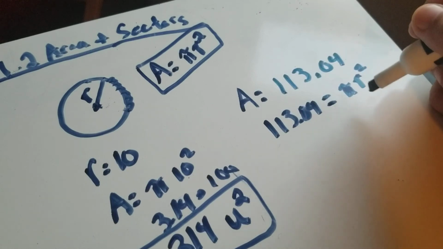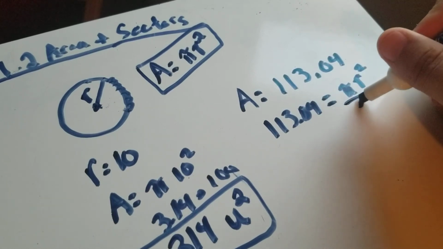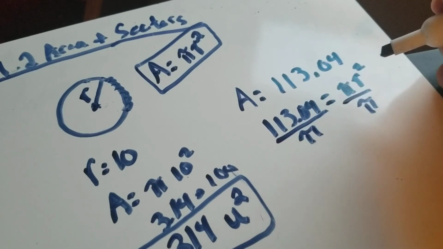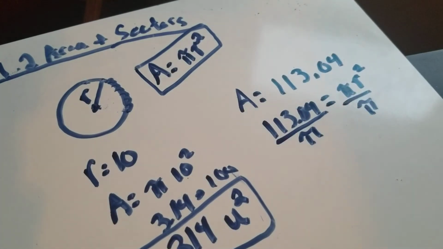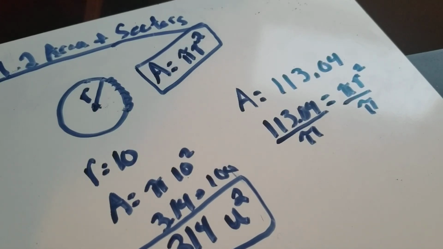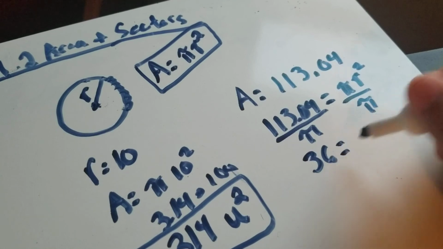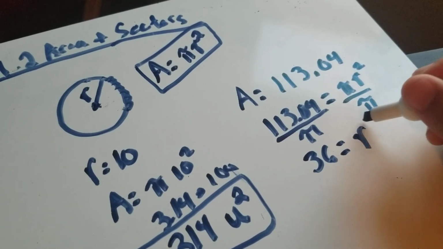So before we could do anything, we have to make r squared completely by itself. So I want to divide by pi first on both sides. So 113.04 divided by 3.14. Well, by design, it's a nice clean number: 36 equals r squared.